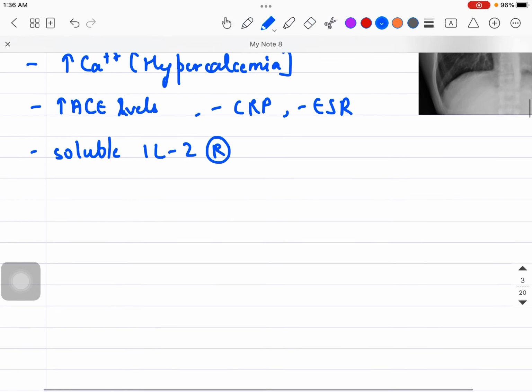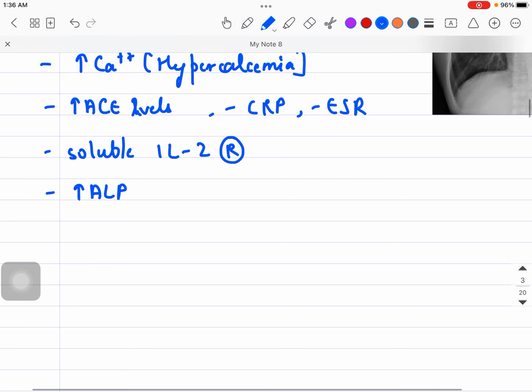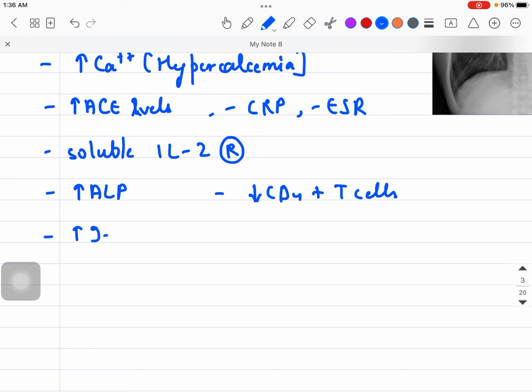Then increased level of alkaline phosphatase can be seen in the LFT. The CD4 and CD8 ratio will be increasing, so decreased level of CD4 plus T cells, right? Increased level of immunoglobulin G.